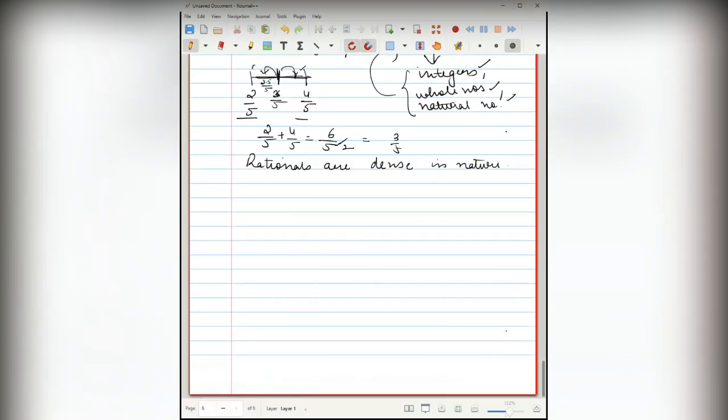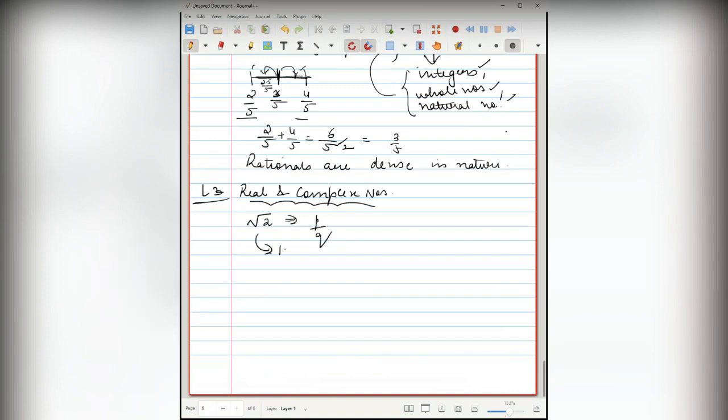So, moving to the last topic for today: real and complex numbers. Okay, so now let's see beyond rationals. Can we write root 2 in the form of p by q? No, right?